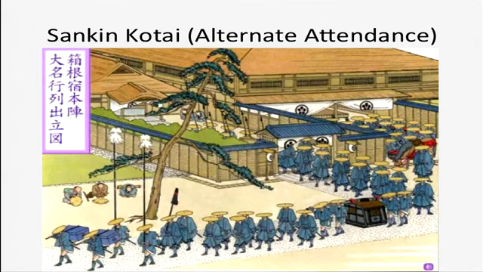It keeps the daimyo a little bit poor. They have to have a house in the capital and a house back home. They have to leave their families in the capital, so there's always a hostage possibility if they were to rebel. And it's very showy and extravagant, right? So all this draws resources away from possibly rebellious daimyo, and it also feeds the capital and makes it a very wealthy and bustling city.